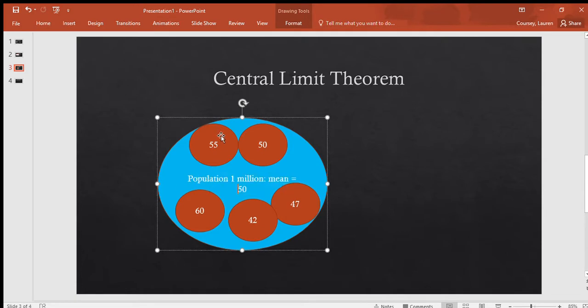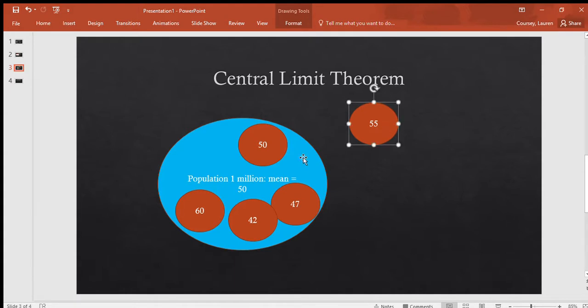Let's say that from this population of 1 million people, we collect a sample of 100 participants and we administer our scale or test or inventory, and we calculate the sample mean for my variable of, let's say, anxiety. Say that the sample mean that I calculate is 55. So here we're overestimating the population mean. Our sample mean is a little bit higher.